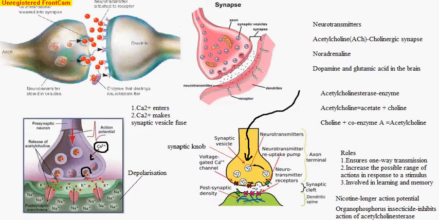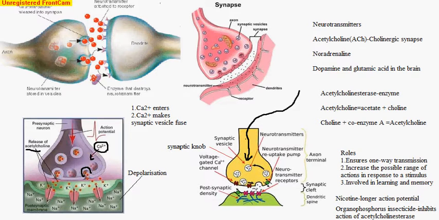This material is called the neurotransmitter. Now in normal circumstances, most of the neurotransmitters in our neurons at the synapse are acetylcholine. These are the normal ones.